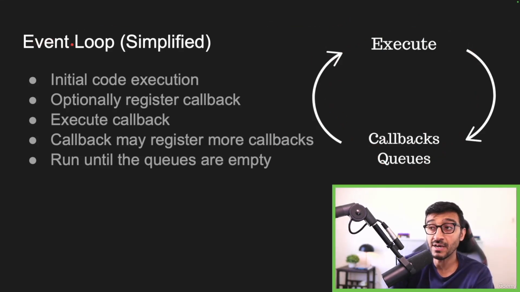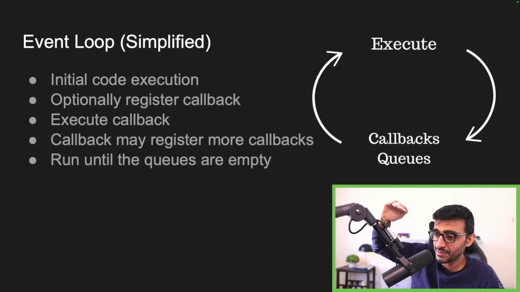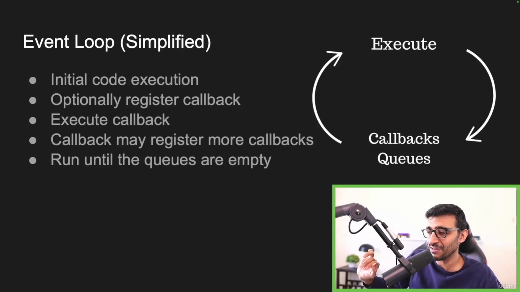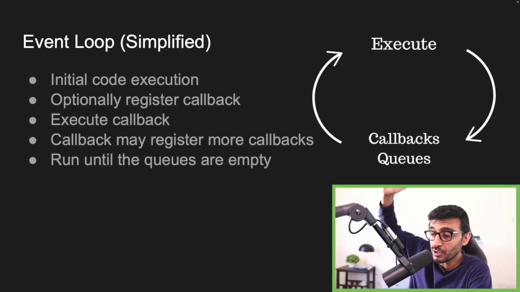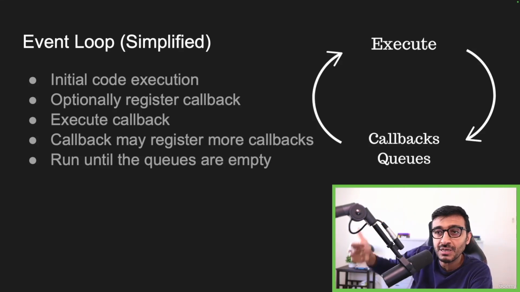So there is one thing that is an exception, which is the initial code execution. There's no loop yet. We're just executing the code in the beginning, and then we initialize the loop. Very important to understand that. We're gonna go through that in detail. But the initial code execution, when I first execute the code, I can register some callback.